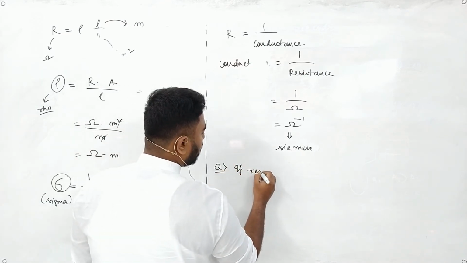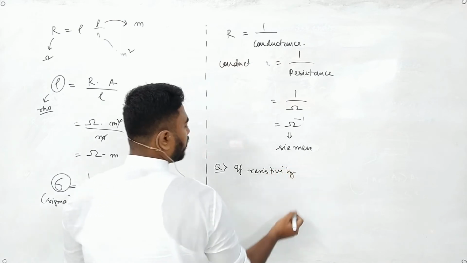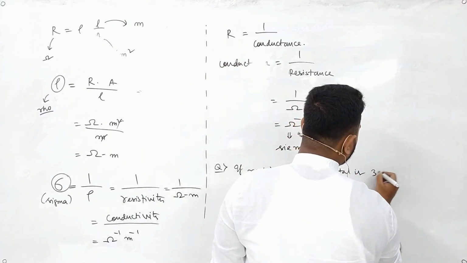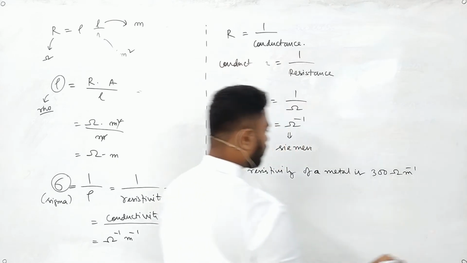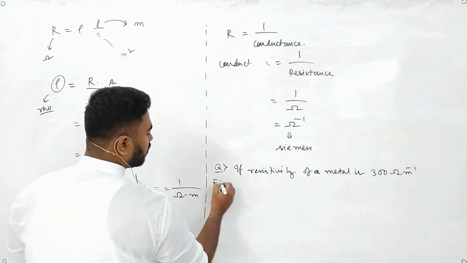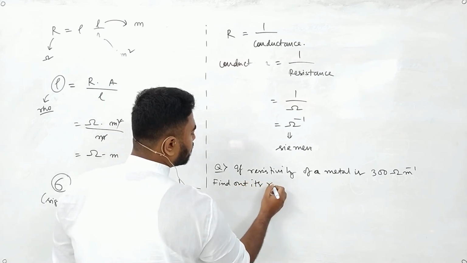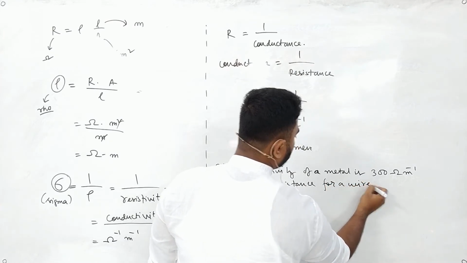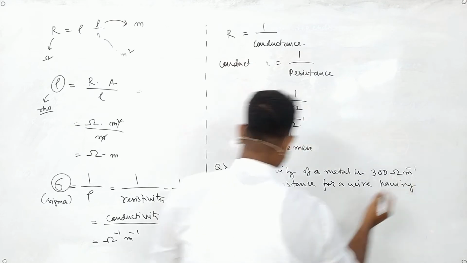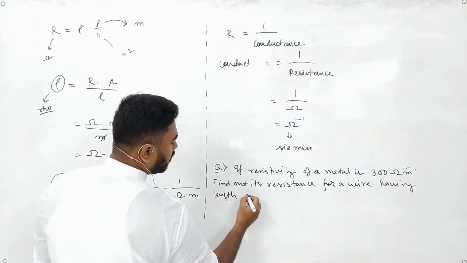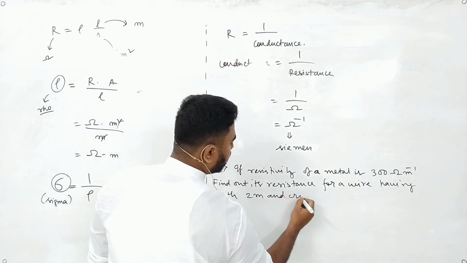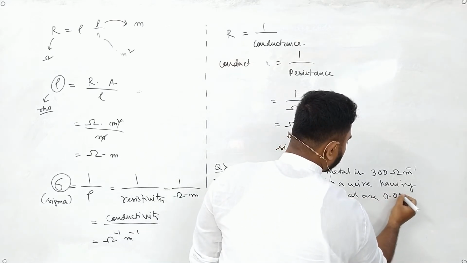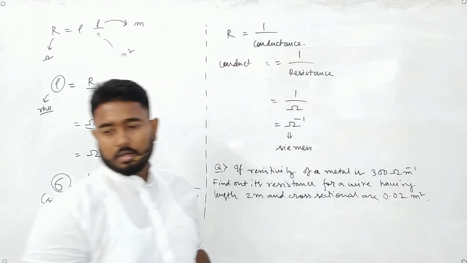If the resistivity of a metal is 300 ohm per meter, find out its resistance for a wire having length 2 meter and cross sectional area 0.02 meter square. Do that fast.